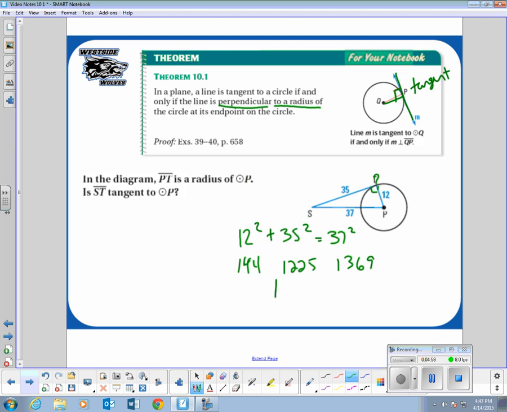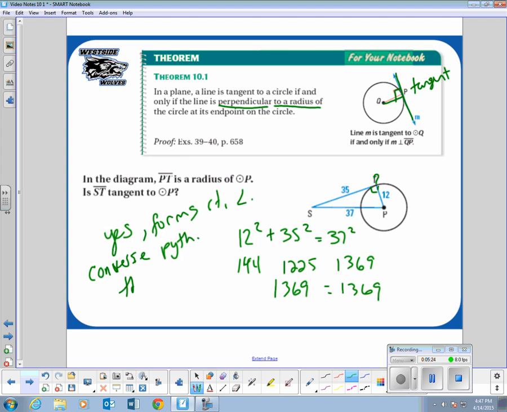We add those two together, 1,369 equals 1,369. And we could say, yes, it is tangent because it forms a right angle.